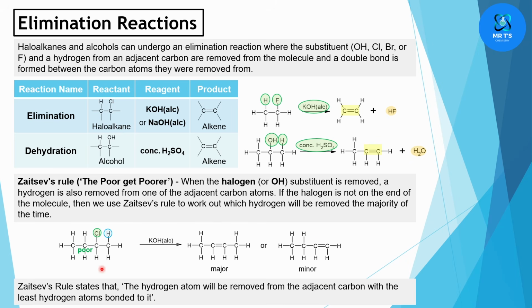So because there were 2 different options that would produce 2 distinct products, we use Zaitsev's rule to work out which one is the major product and which one is the minor product. And remember, Zaitsev's rule states the hydrogen atom will be removed from the adjacent carbon with the least hydrogen atoms bonded to it. The poor gets poorer. And that's elimination reactions using Zaitsev's rule.